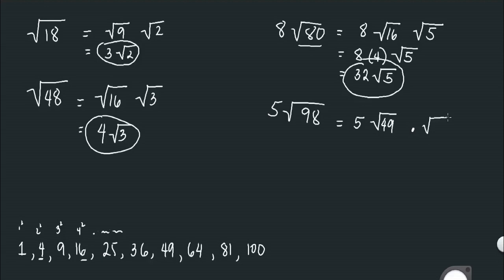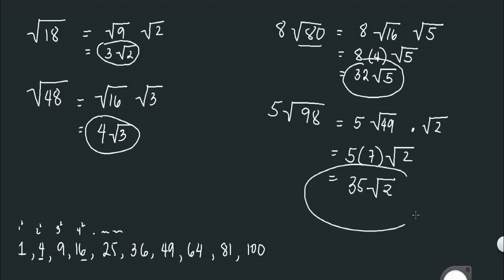square root of 2. Okay, so we have 5 times square root of 49, that is 7. Square root of 2. So 5 times 7 is 35 square root of 2. Okay, so ganun lang yan, no?